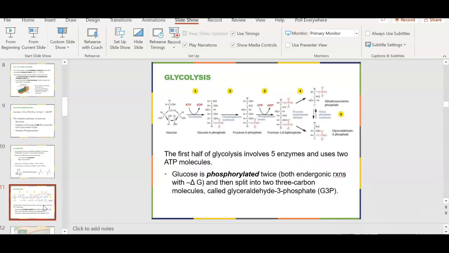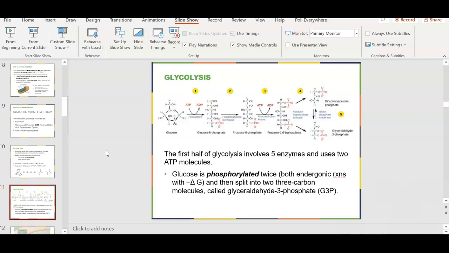Here's the dazzling first half of that, and this is the first 5 steps in which we take glucose. So we're looking at their structural formulas here. And in the very first step, that very first enzyme, which I've mentioned to at least some of you before, is hexokinase. Hexo has to do with the 6 carbons of glucose here.